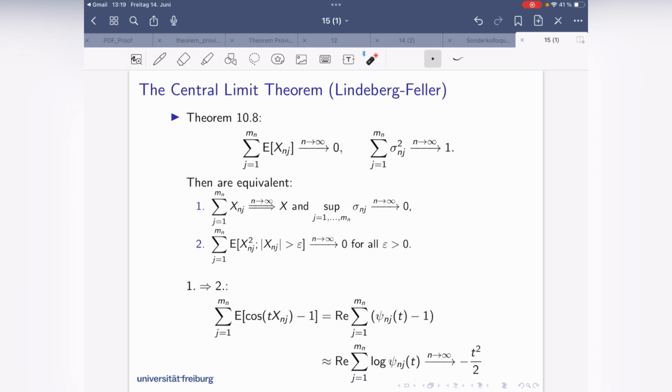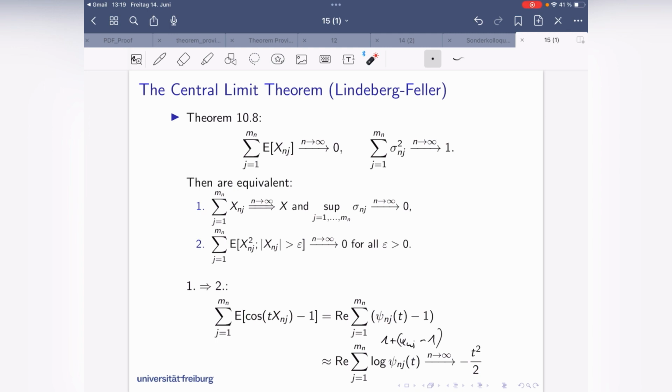Since psi_nj is close to 1, write psi_nj of t as 1 plus (psi_nj of t minus 1), and this here is small. The logarithm of 1 plus something small is the small thing, which is the reason why this logarithm is close to psi_nj of t minus 1.